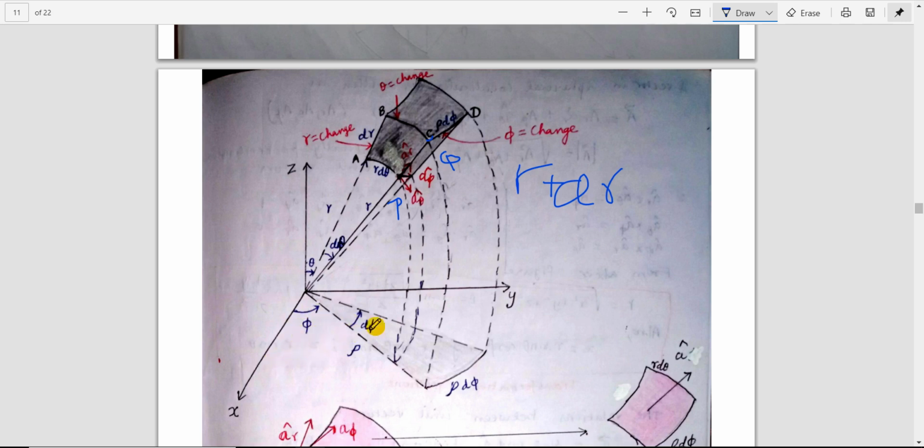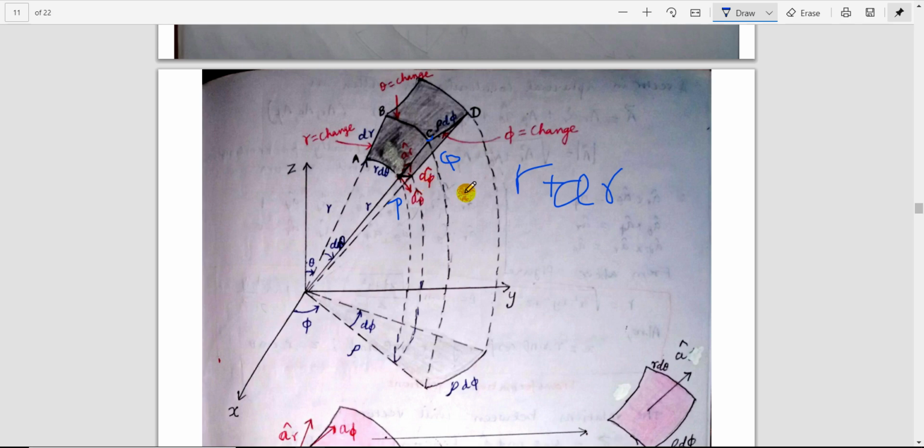So the change of phi with the change of the vector, we have defined as d phi here, and we can represent this arc length as rho into d phi. So this change can be represented in this three-dimensional view.